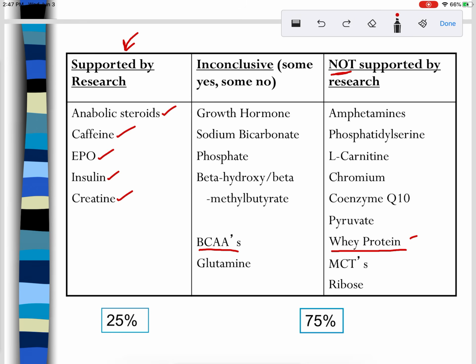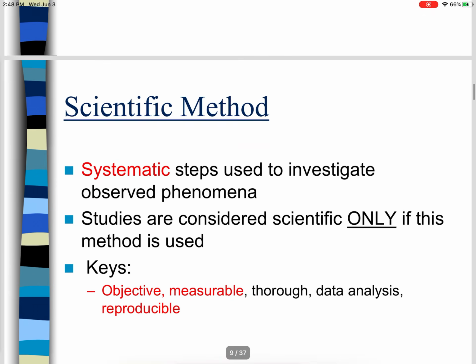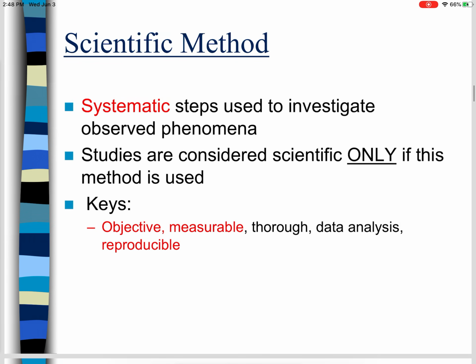No. Maybe we haven't just figured out the right chemical composition or the right way to take it. My point is, we have to use science to really get the answers. And the way that we understand if something really works or not, or how we figure out something, is through the scientific method. All right, how exciting.